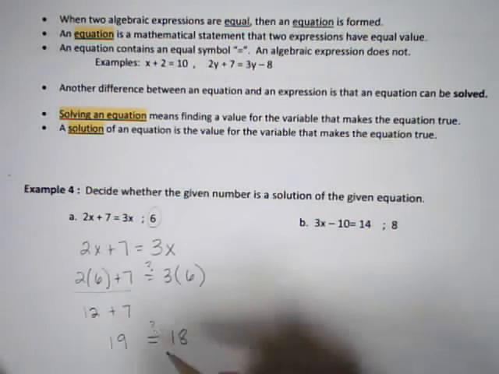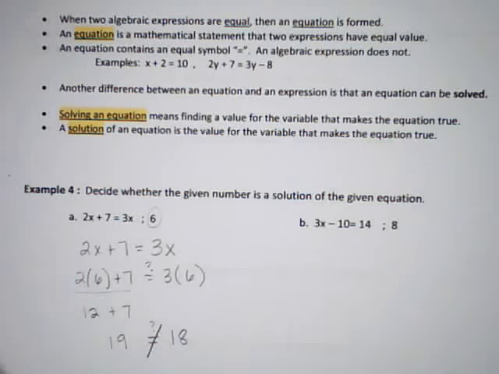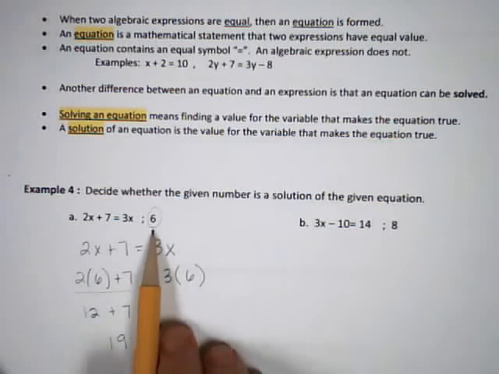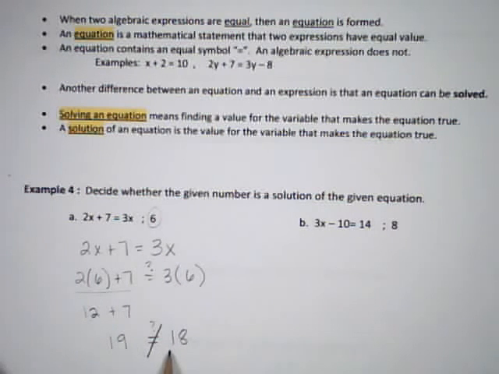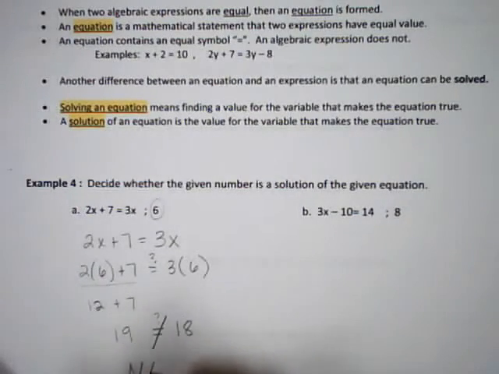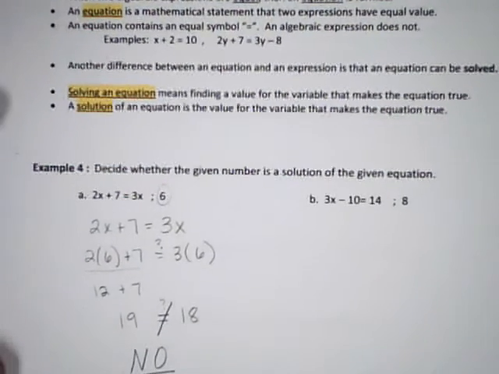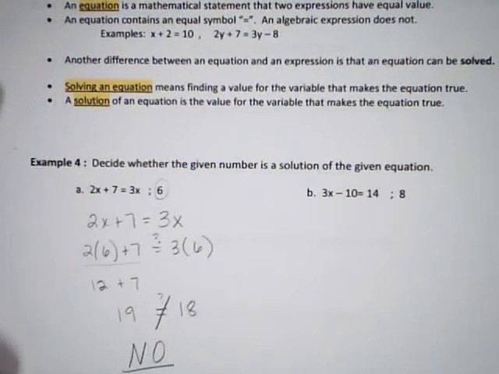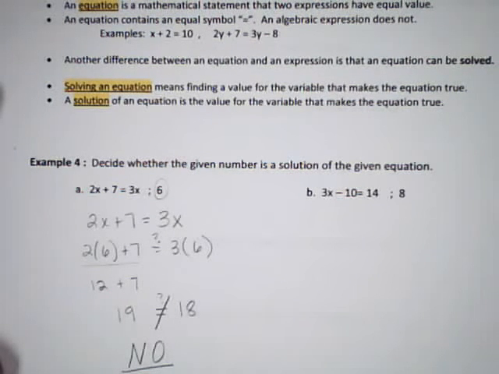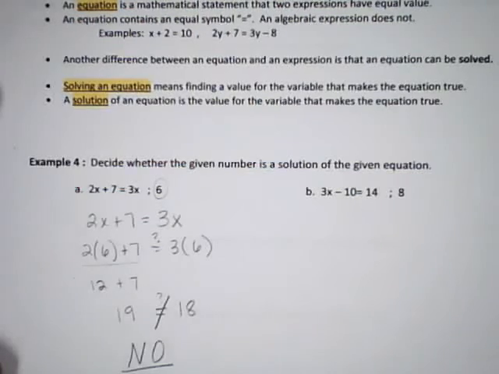No, those two things do not equal, which tells me that 6 is not the solution to this equation. The correct solution would have given me a true statement, two sides that were equal. So my answer here would just be no. 6 is not the solution to this equation. We're not trying to find any solutions. We're just testing to see whether this is a solution or not.